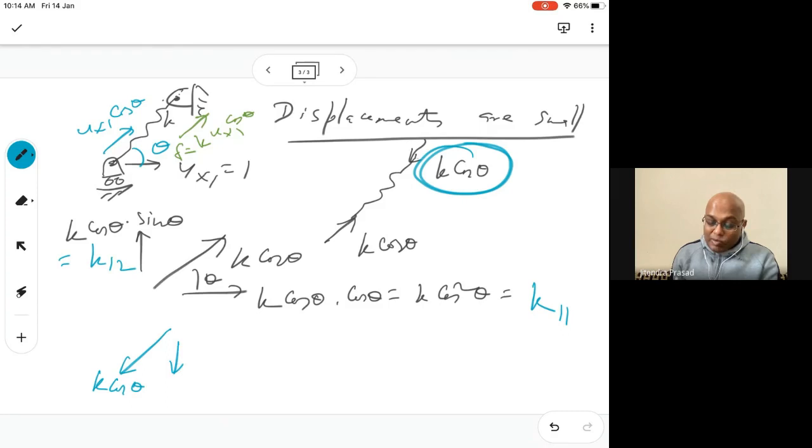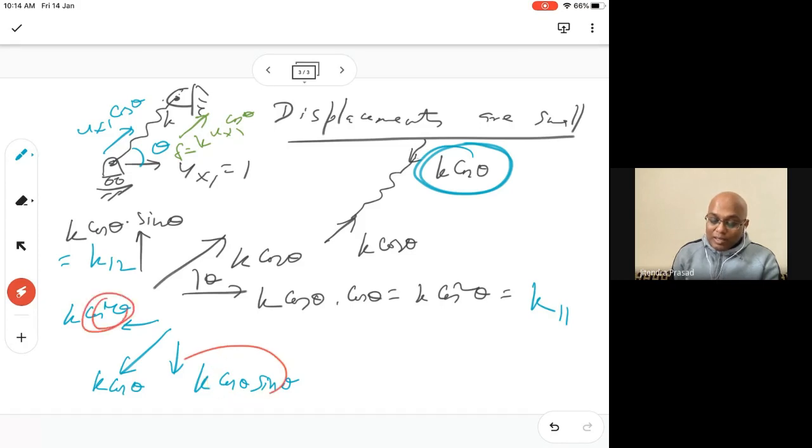Then one component will be, here you have just the opposite of that, so this will simply be K cos theta sine theta, and this will be K cos square theta. See the sign: this is downward, this is also left side. So both of them are towards the negative direction, negative y direction and negative x direction.